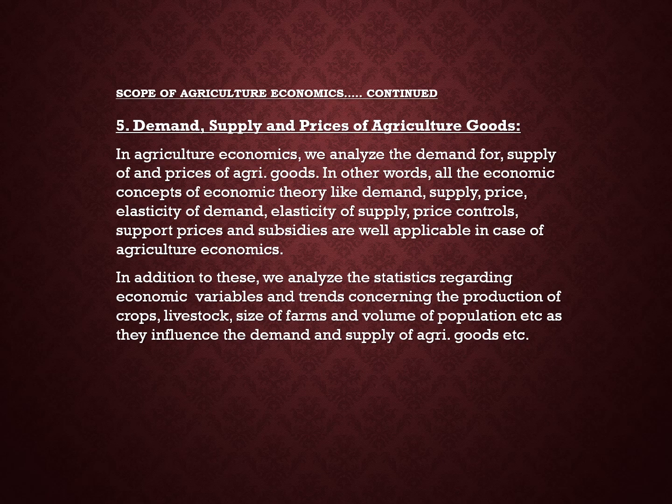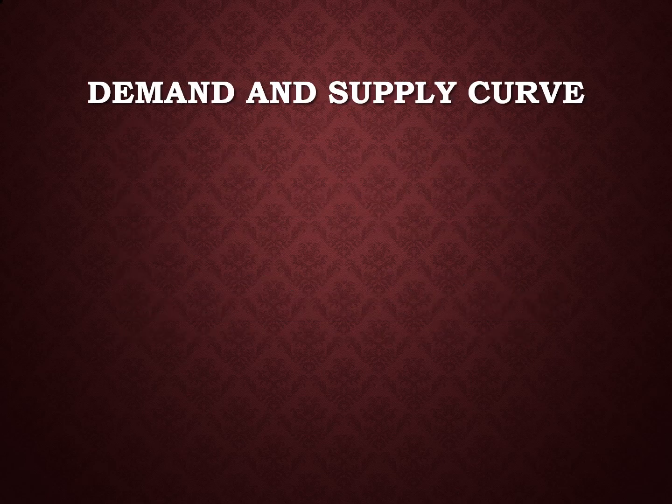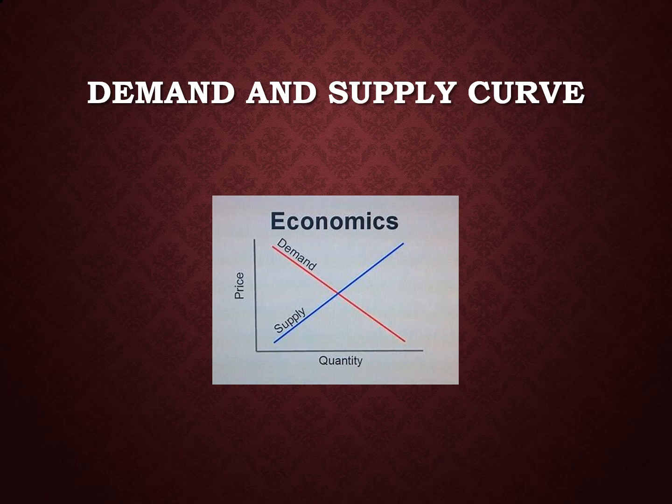In addition to this, we analyze the statistics regarding economic variables and trends concerning the production of crops, livestock, sizes of farms, and volume of population, and etc., as they all influence the demand and supply of agricultural goods. So in the infographic below, as you can see, we have the price on the y-axis and the quantity on the x-axis. This is how supply and demand behave in the market. When the supply is low, the demand is high, and when the demand is low, the supply is high.